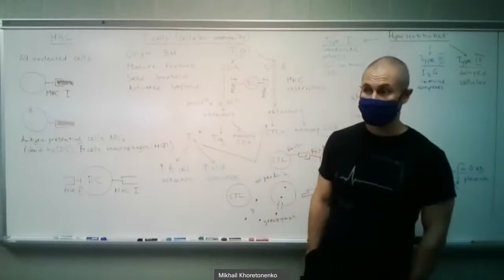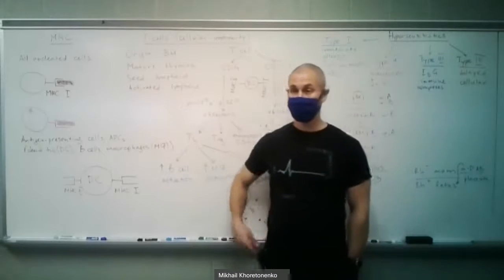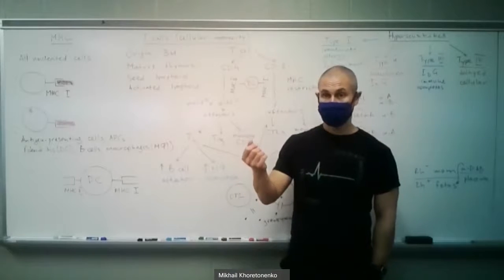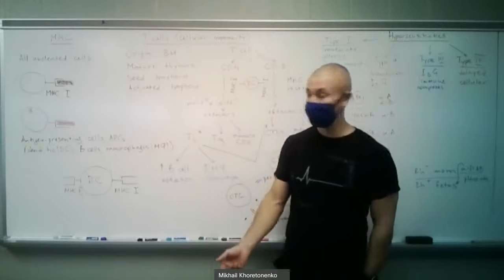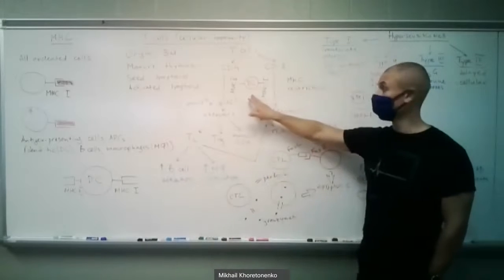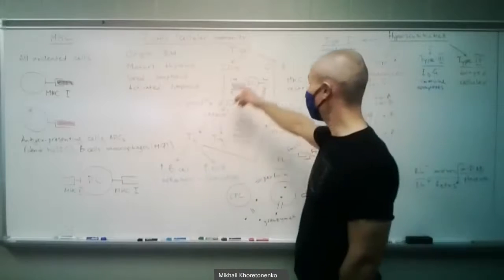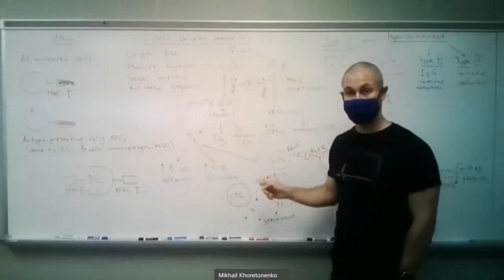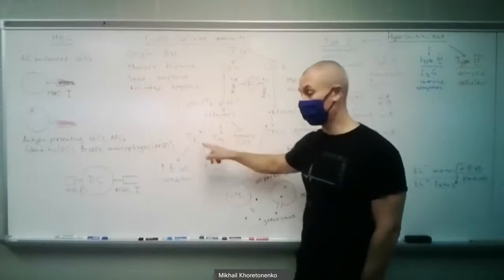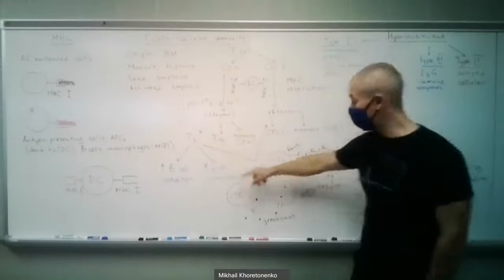You go for a TB test, and they inject tuberculosis antigen in your forearm, in your skin. The dendritic cells present that antigen to both CD4 and CD8 cells. These T helper cells help to activate macrophages and cytotoxic lymphocytes.